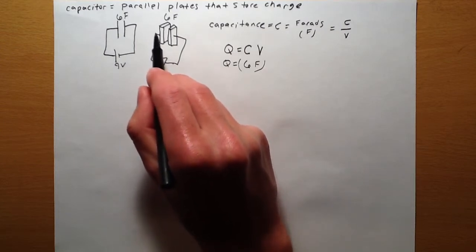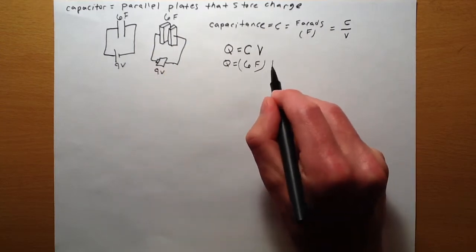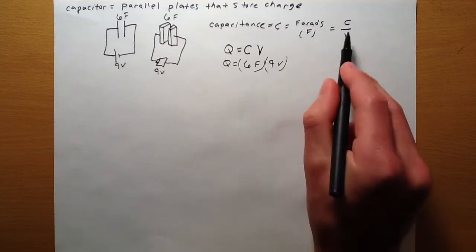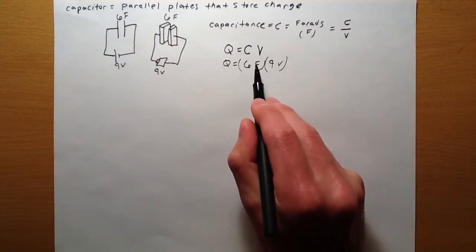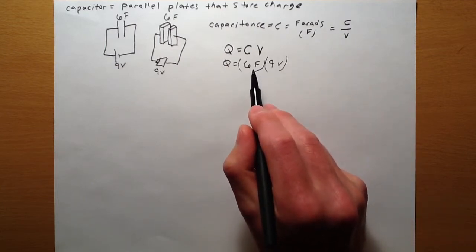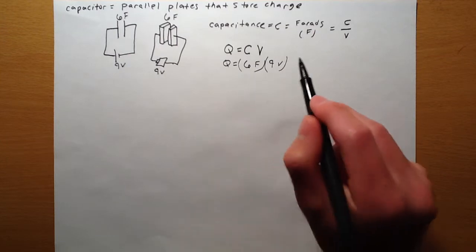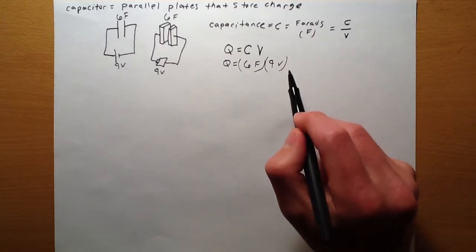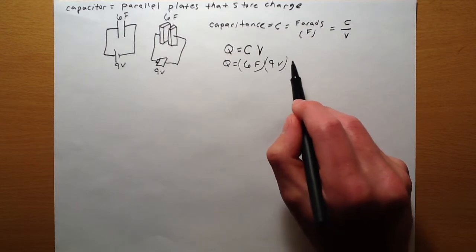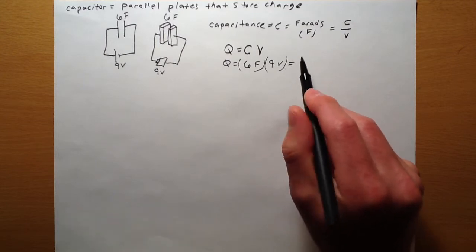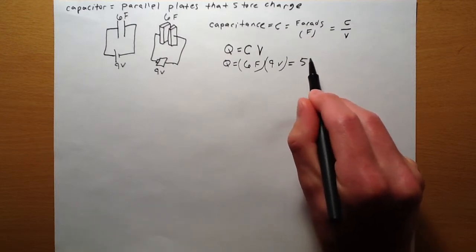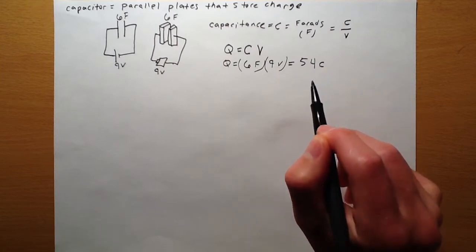This point is 9 volts higher than this point, so 9 volts. And we know from right here that the units for farads are coulombs per volts. So the volts in the denominator cancels out with the volt in the numerator. So we get 54 coulombs is the charge in each plate.